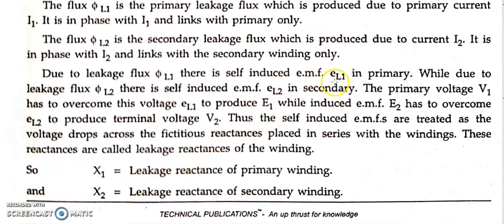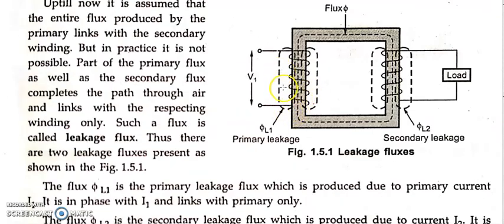This EL1 is the self-induced EMF caused by the primary leakage flux, which is linked to the primary winding, that is 1. It is a self-induced EMF which opposes the supply voltage V1. So my V1 has to overcome EL1 so as to supply the main EMF, capital E1.